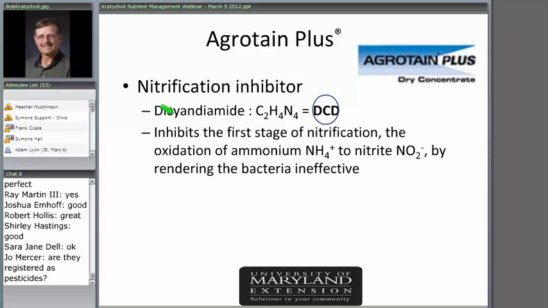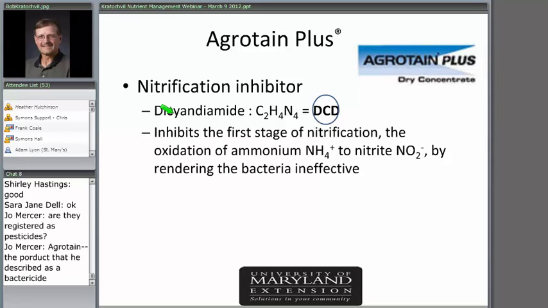But anyway, it is a bactericide. It kills some of the soil bacteria in close proximity to the nitrogen molecules in the soil and gives protection in that manner.